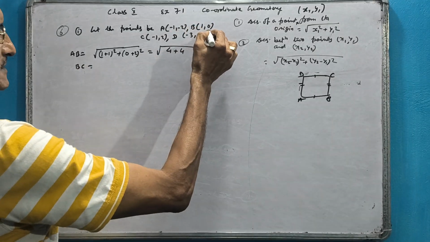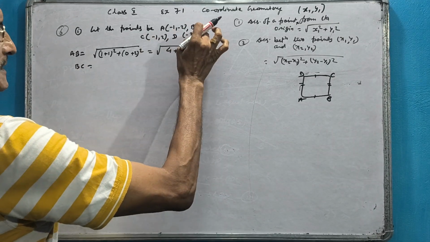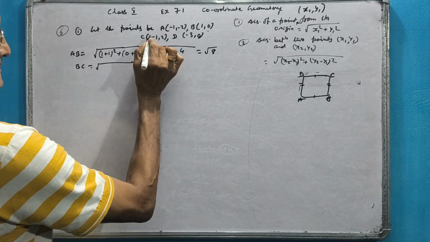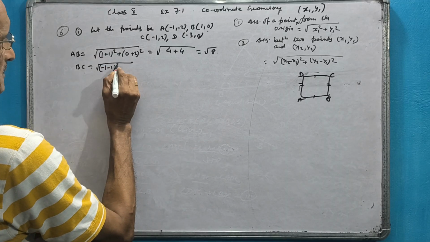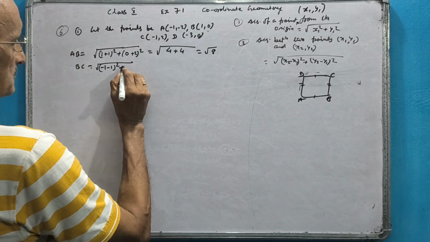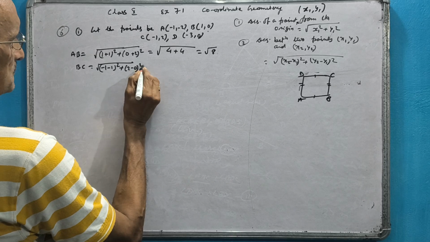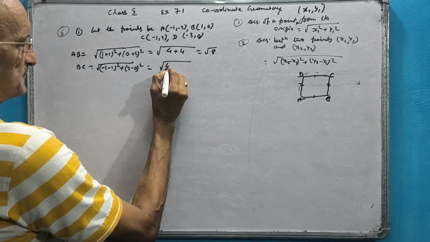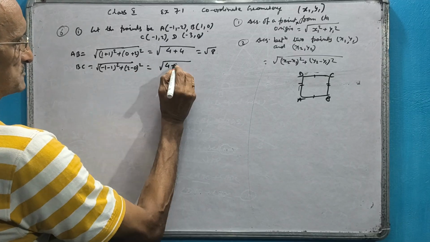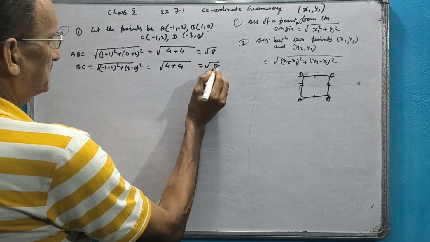Now you find BC. See, this is points B and C. x2 minus x1 whole square plus y2 minus y1 whole square. (-1 minus 1) whole square, which is 4, plus (2 minus 0) whole square, which is again 4. It will be root 8 only.